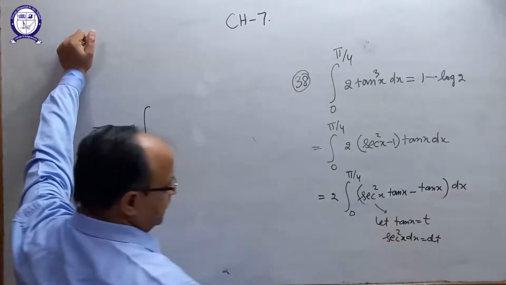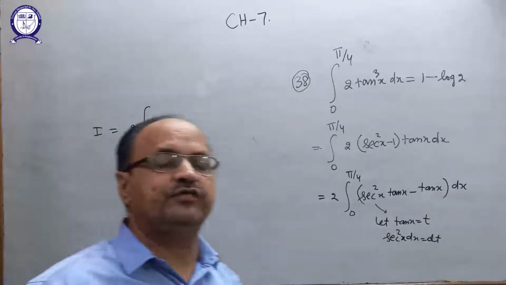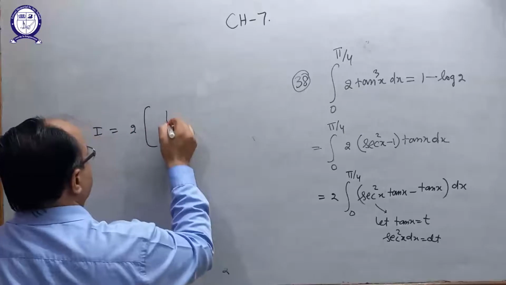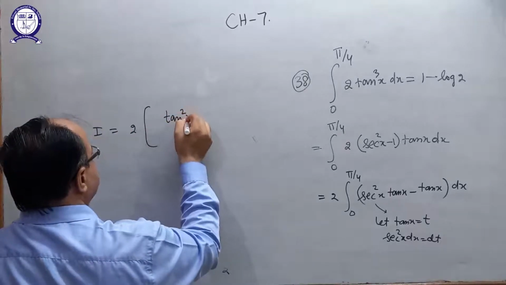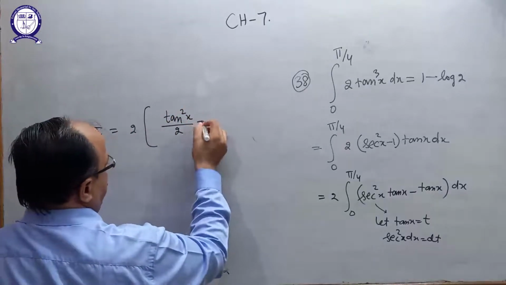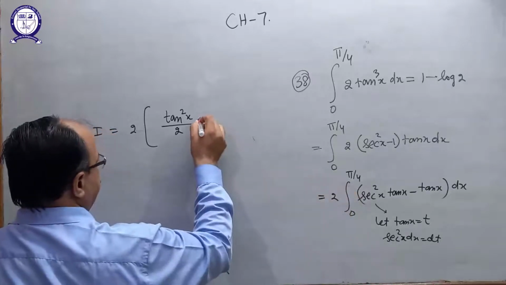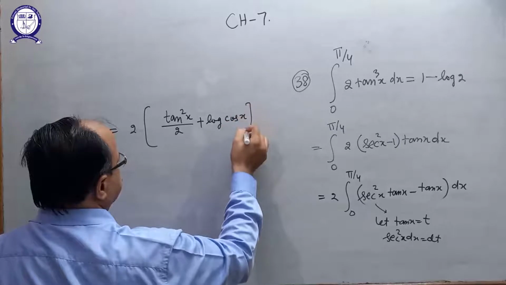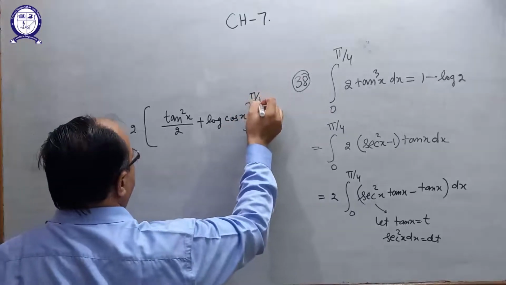Here t, and the integral of t is t square by 2. It means tan square x by 2 minus the integration of tan x, that is log cos x, from 0 to pi by 4.